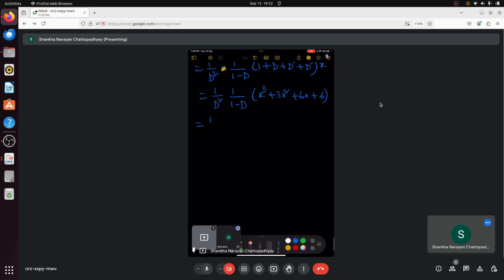Once again there are only... you need to write it as 1 plus d plus d square plus d cube operated upon x cube plus 3x square plus 6x plus 6.